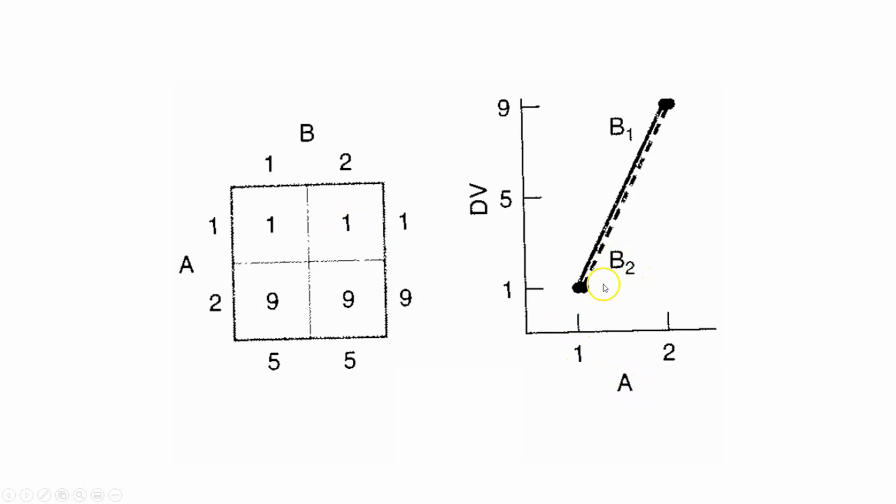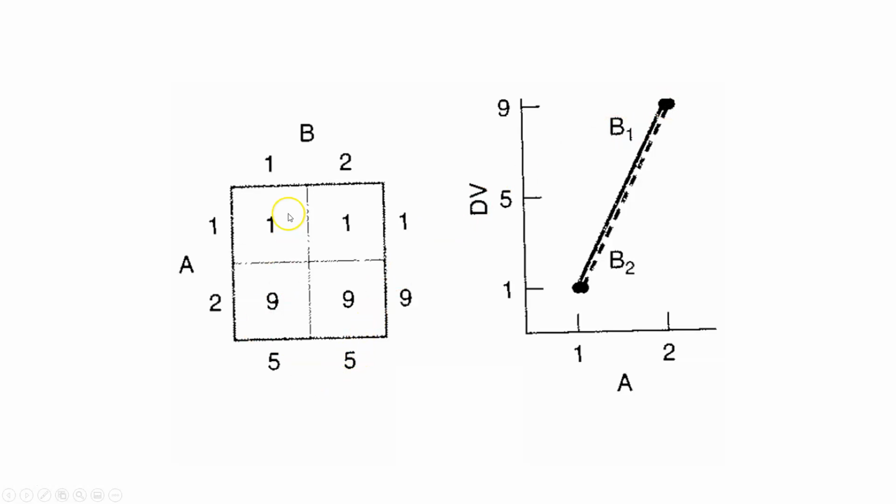A1, B2 is the dotted line. That is also at a 1. So both of those dots are plotted at a 1. These other two values here, A2, B1, that's this cell, and A2, B2, that's this cell. Those are both 9s. So you can see A2, B2, that's a 9. A2, B1, that's a 9. Both of them are plotted up there.